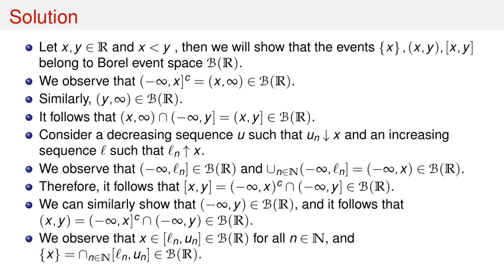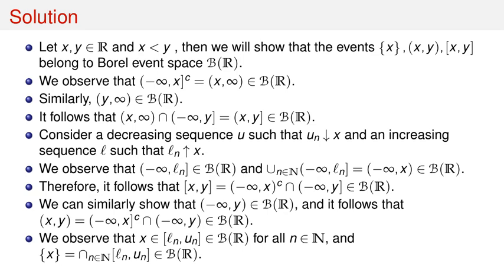Finally, we observe that for each n, the singleton set {x} is contained in the closed interval [l_n, u_n]. Each of these closed intervals can be shown to be in B(R): the closed interval [l_n, u_n] equals the interval (-infinity, u_n] closed intersect the interval [l_n, infinity) closed.